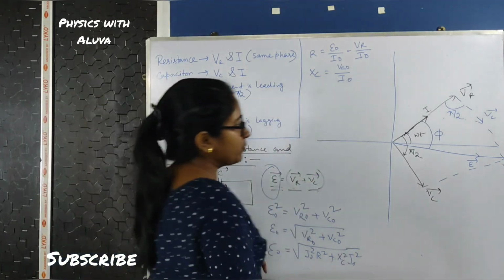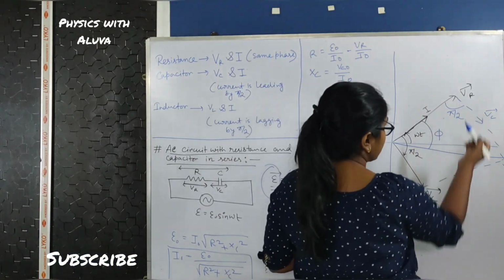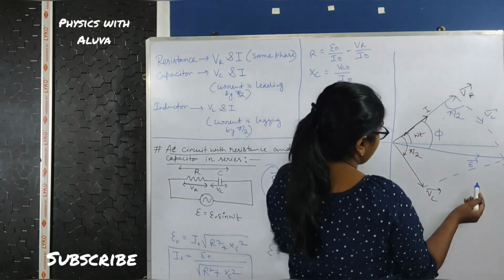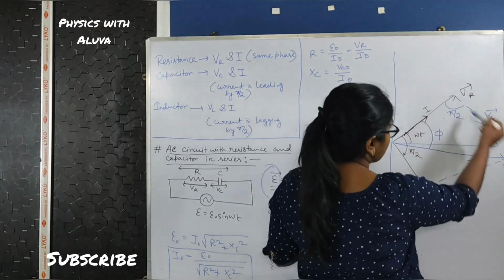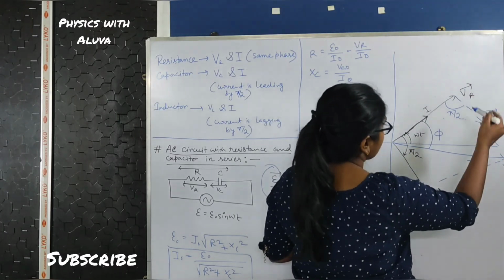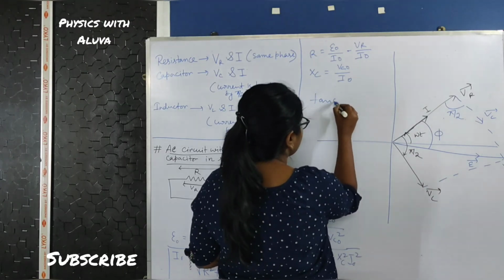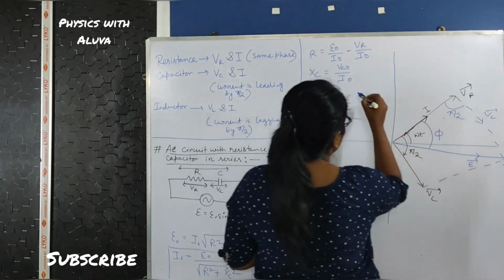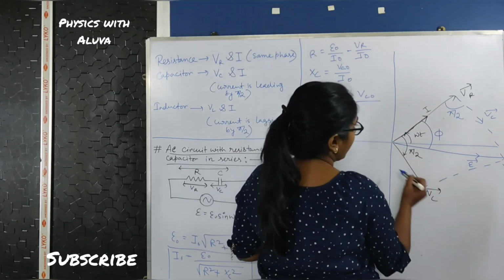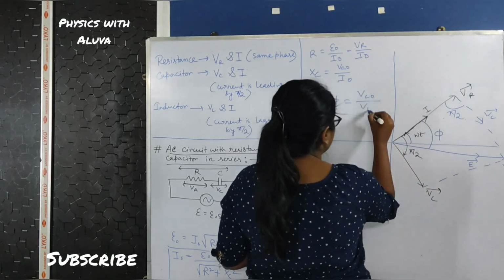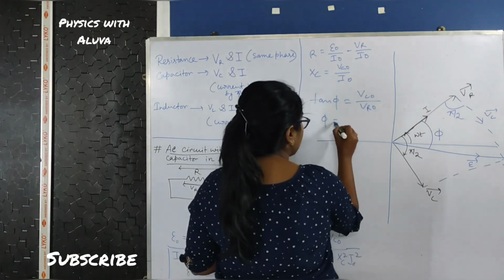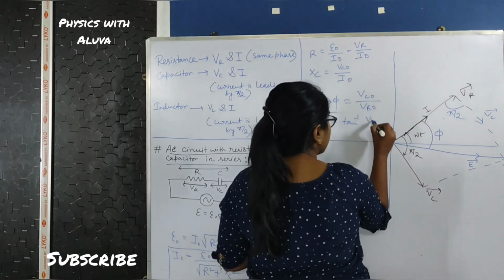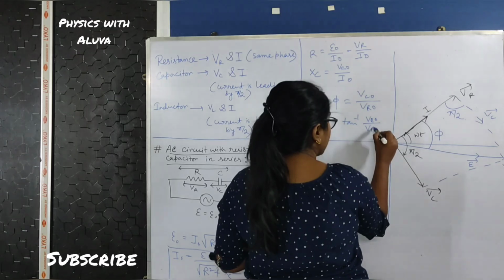And from the diagram we can see this is the angle phi and this is the pi by 2. So we can take it as this is the base and this is the perpendicular. Okay, so we can write that tan phi is equal to perpendicular by base, so VC naught divided by VR naught. So phi will be tan inverse of VC naught divided by VR naught.